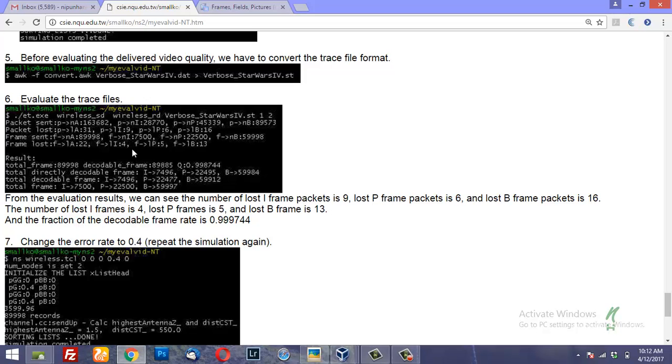And this framework, eval_vid_nt, is capable of calculating the frame loss for I, P and B frames separately, which is a very good thing.